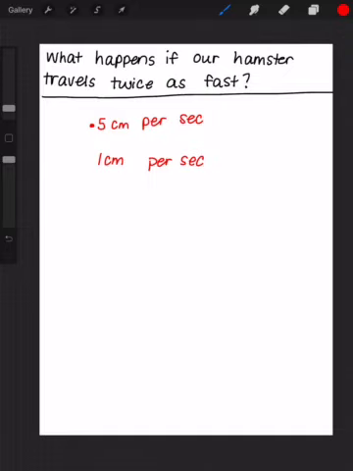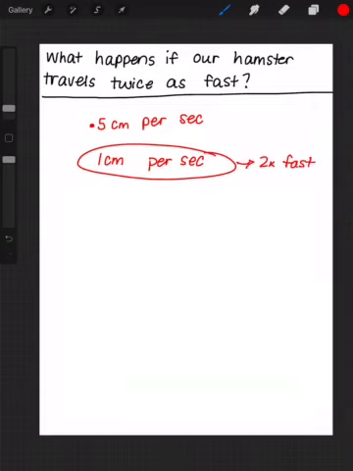Okay, so now our equation would change because this is our new unit rate. This is our 2 times as fast. So we would have distance equals rate times time. My rate is now this. So I have distance equals 1 times t.